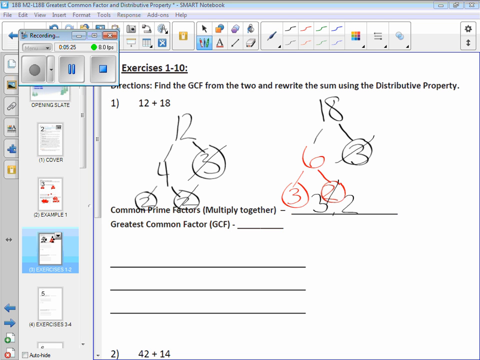Any others? And then tell everybody what the GCF is. 6. GCF is 6, right? Okay, good. Thank you, Sam. Okay, next thing. Write the original expression here, 12 plus 18.